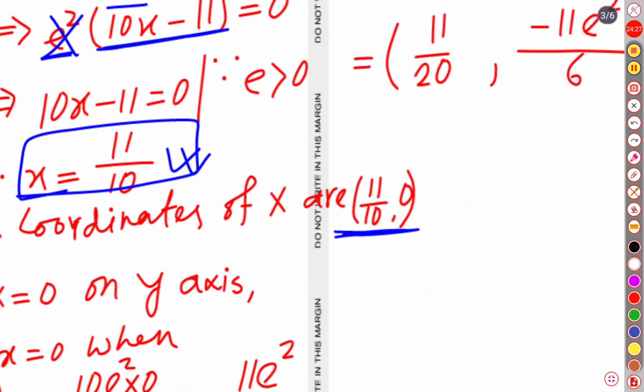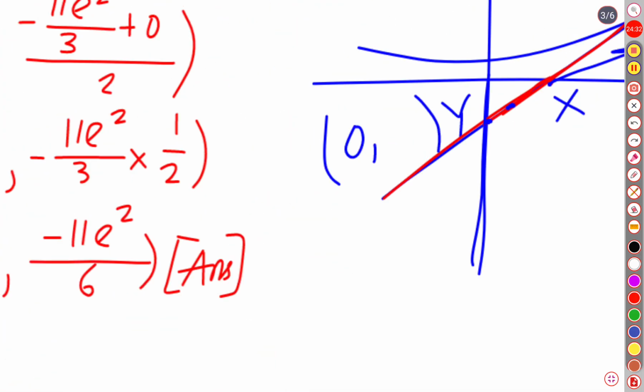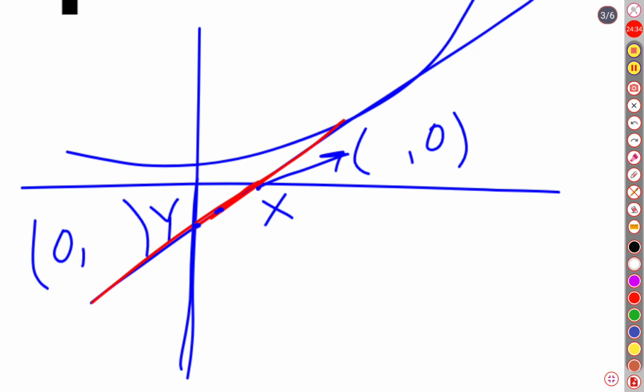Yes, this is the coordinates of x. Okay, 11 over 10, 0. So here we will just write 11 over 10, 0. The x coordinate is 11 over 10 and the y coordinate is 0.